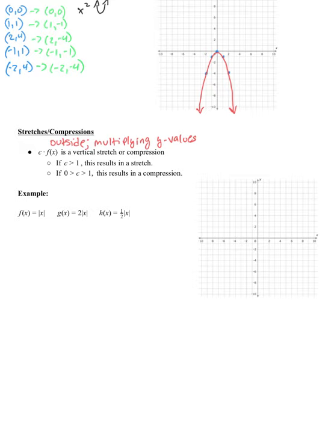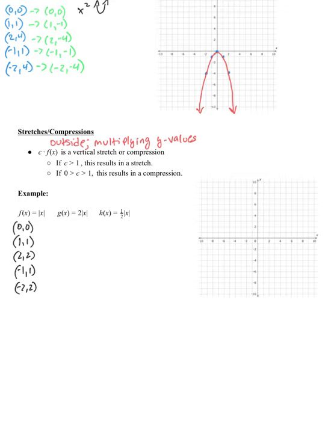So in this example, we're going to graph all 3 of these. I'm going to start with the parent function. For this one, the parent function is our absolute value function. So I'm just going to write down the key points for this. It's 0, 0. We have 1, 1, 2, 2, negative 1, 1, and negative 2, 2.